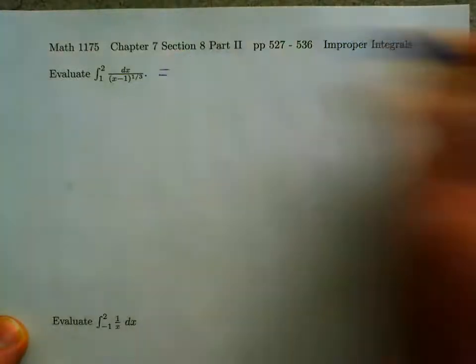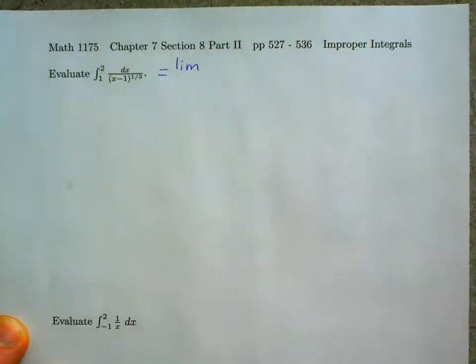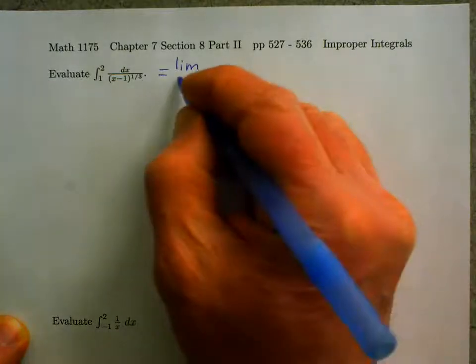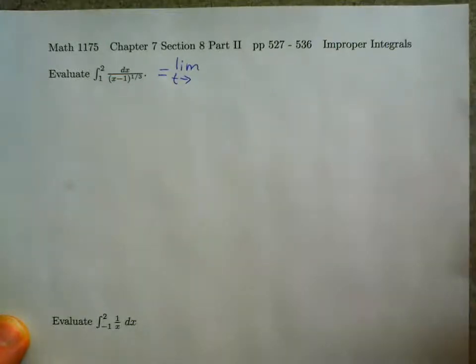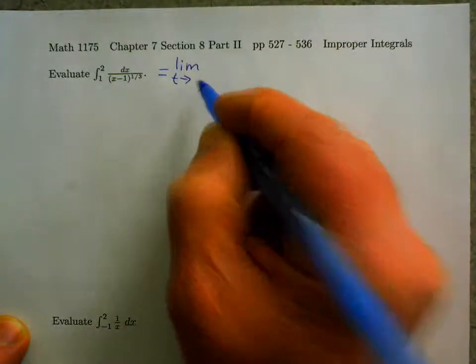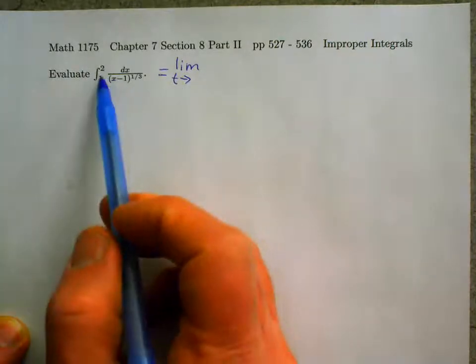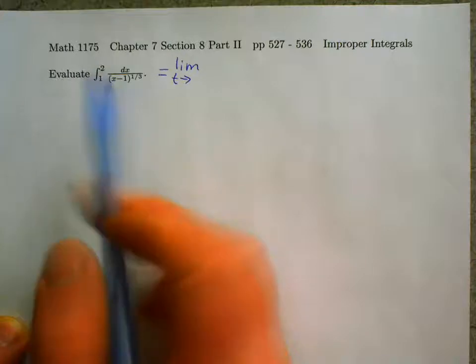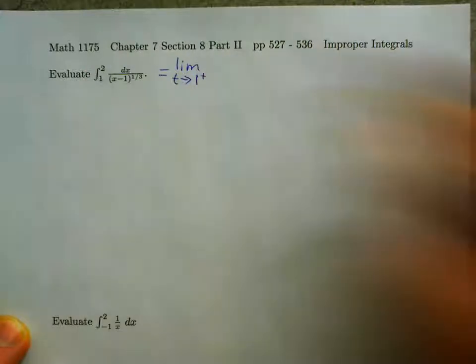So we write this as a limit. I guess we're still using t. So t is going to approach 1 from which side? This interval is from 1 to 2, so t has to approach 1 from above 1, or from the right of 1. So we write 1 with a plus sign.